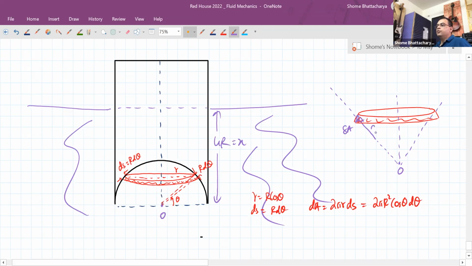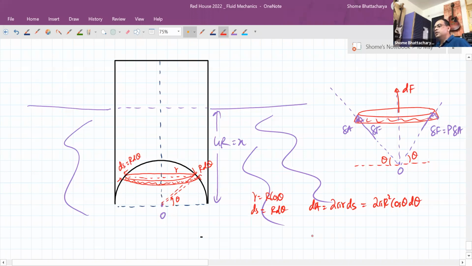So this kind of force delta F is acting, and delta F will be equal to the pressure at that point, whatever the hydrostatic pressure is, into delta A, where delta A is a small area element like this. But once again, you can see that there are cancelling components and adding components. For each section on that ring, the cos component of force is cancelling and the sine component of force is adding. So when I consider dF as the net force on the ring, it is the sum of the sine components of all these delta F's.